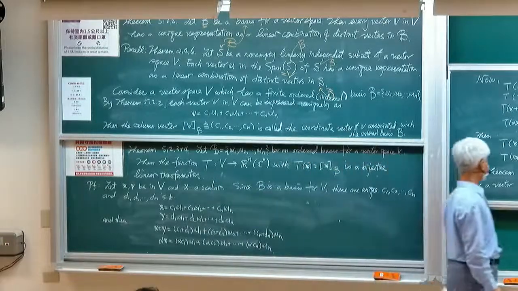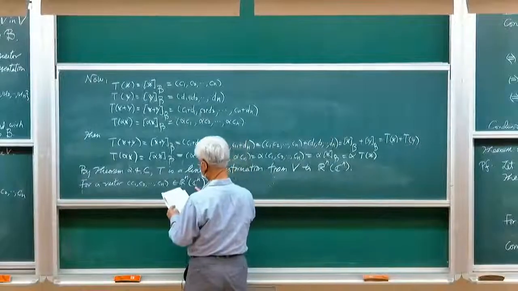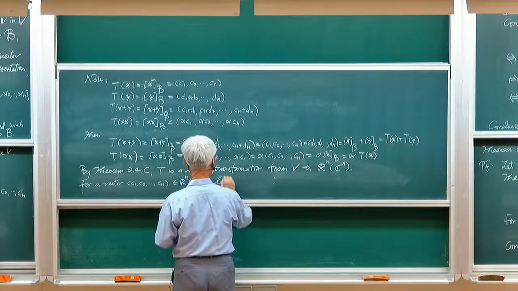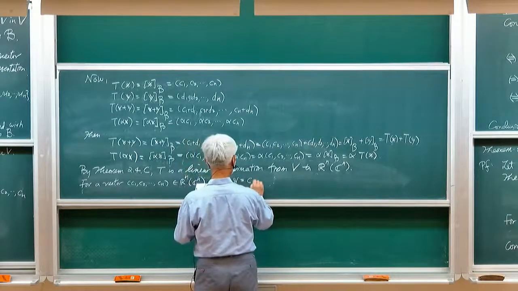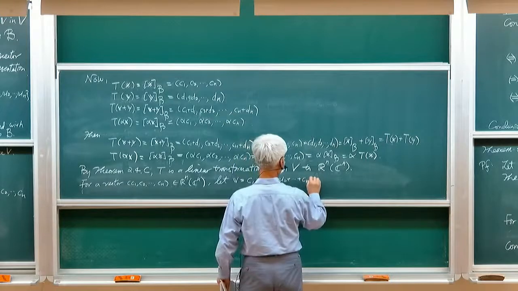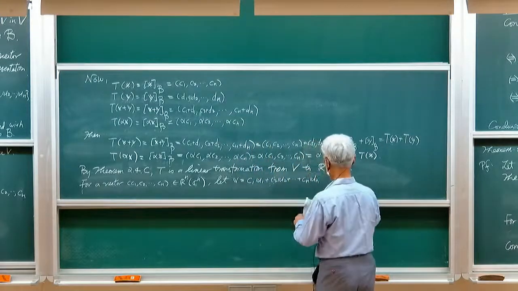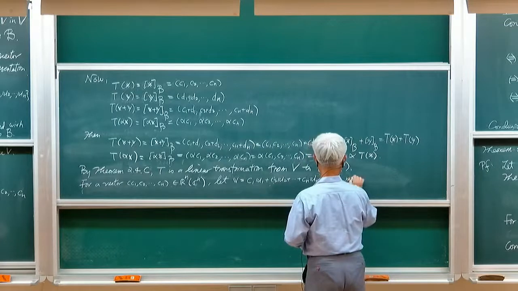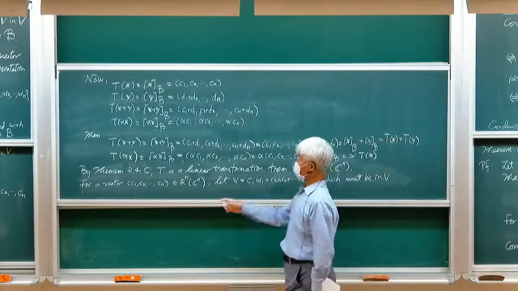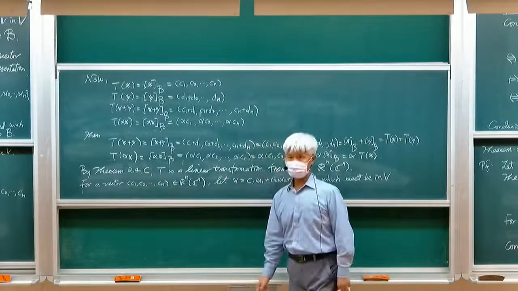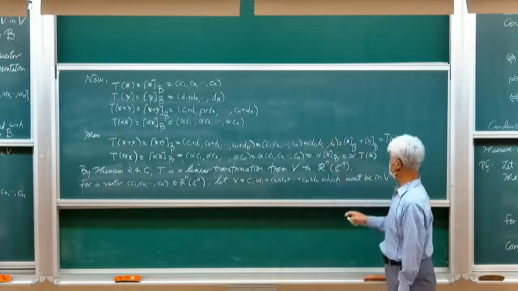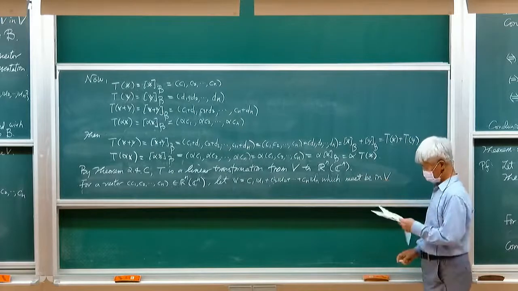Okay. All right. So for a vector in the codomain, we let v equal c1 u1 plus up to cn un, which must be in V, right? So we use the column vectors in the Euclidean space to form a vector v in the vector space.